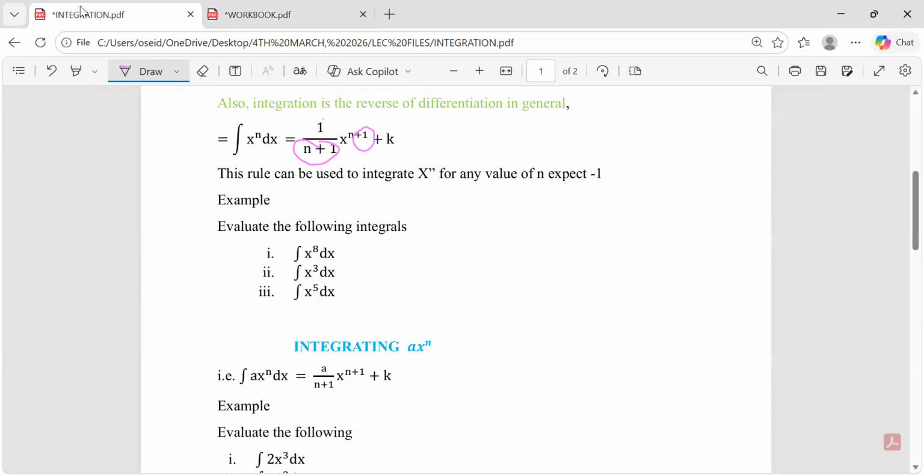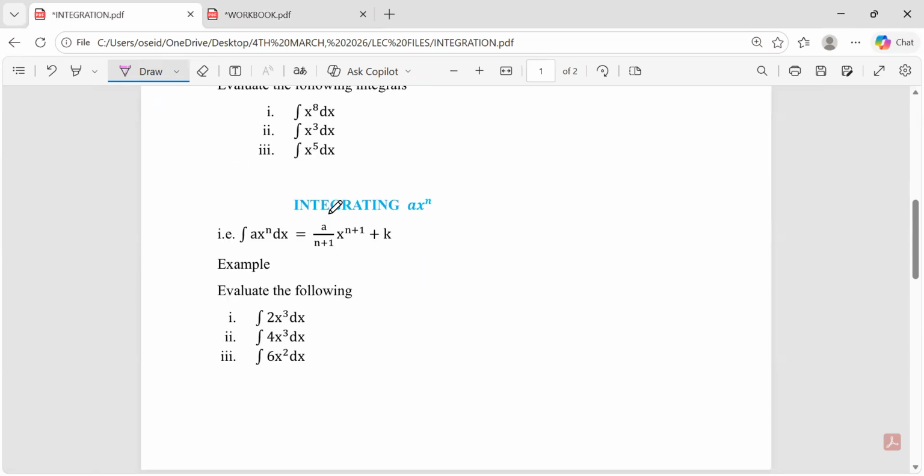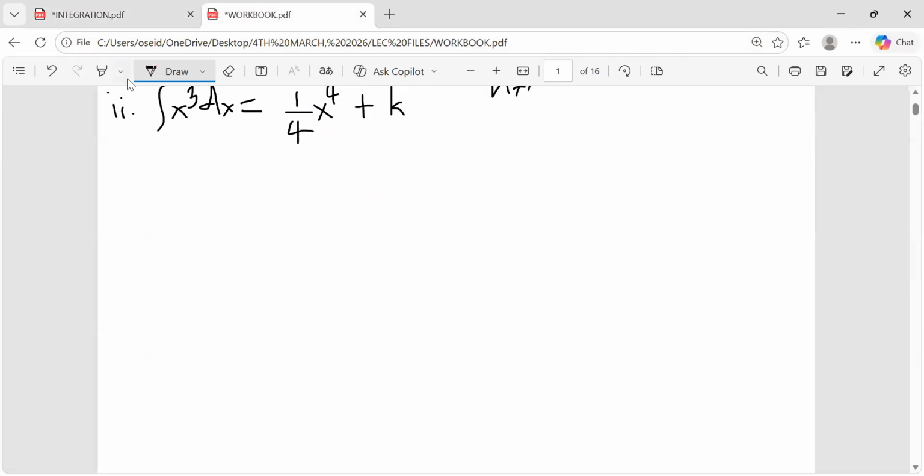Let's move on to the next question. The next question says integral x exponent 5 dx, which is equal to 1 over 5 plus 1, which is 6.